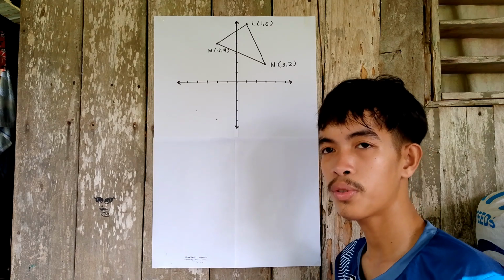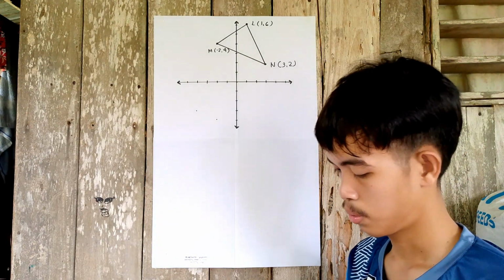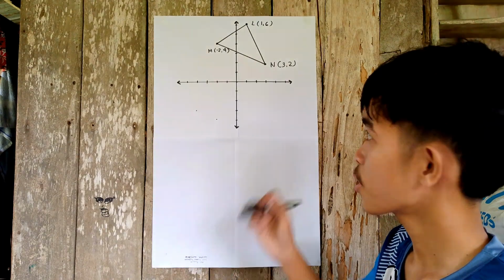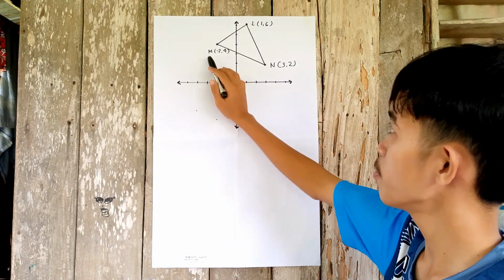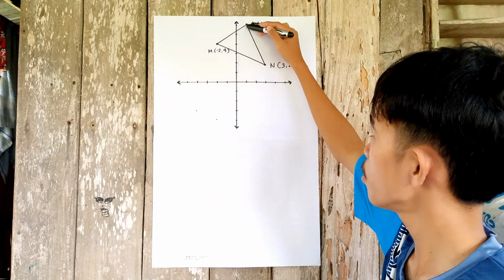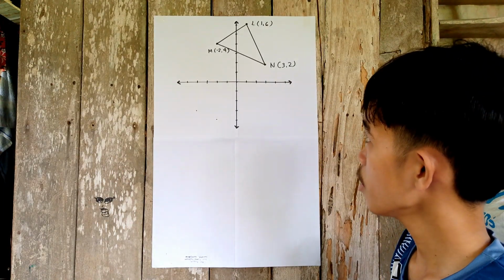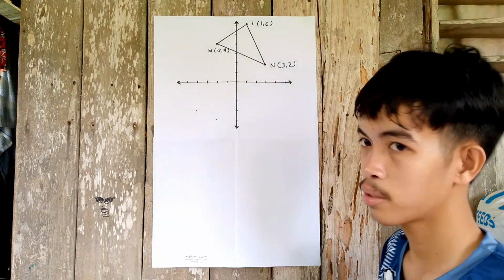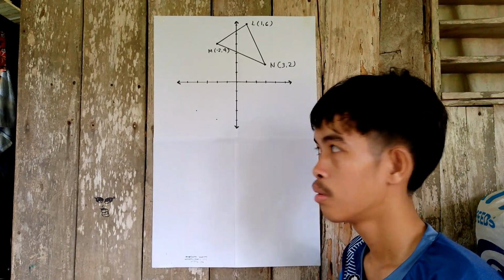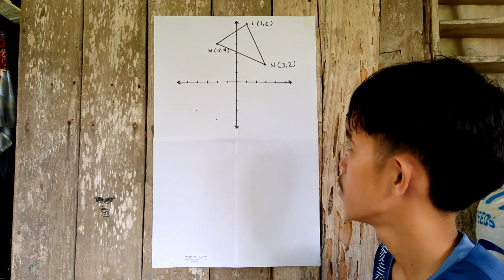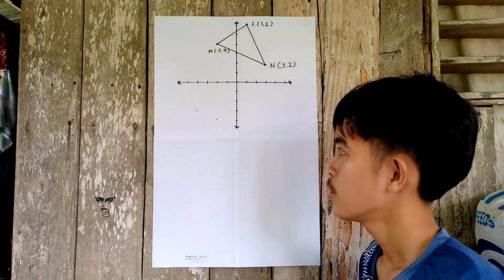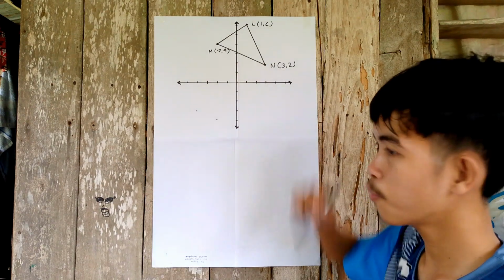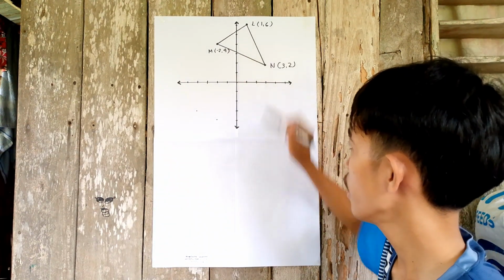So now, let us proceed to another example. From this triangle lying in the Cartesian plane, find the midpoint of LN and find the median of this triangle from the vertex M. So we will use again the formula of the midpoint to find the midpoint of LN.